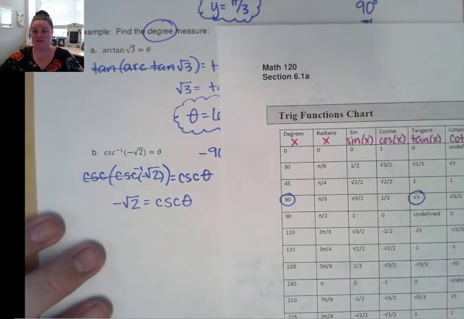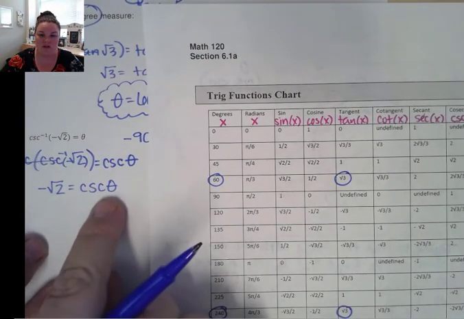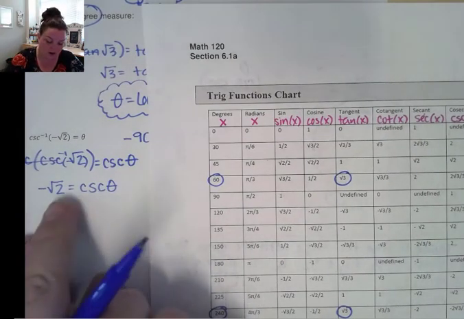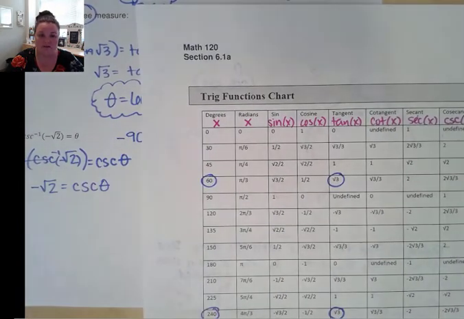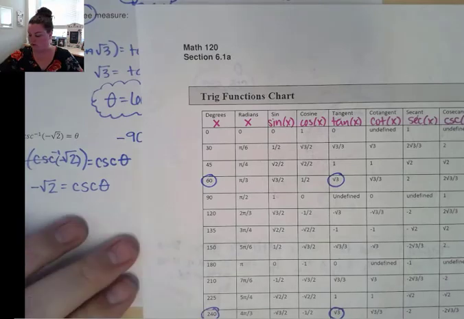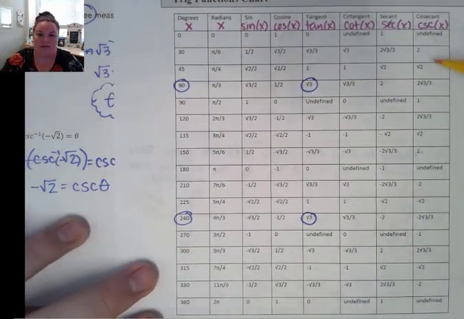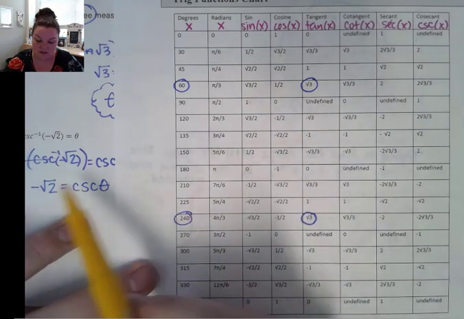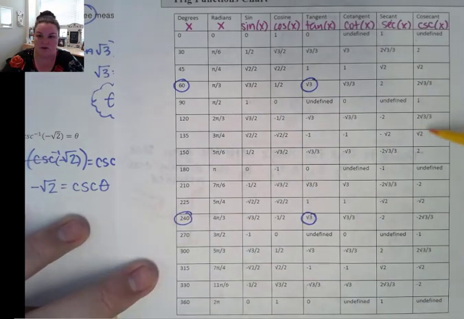But since we have this nice handy dandy chart available to us, I'm going to go ahead and just look up what angles have a cosecant value of negative square root of 2. And I'm going to use a different color. So on my chart, I'm looking for cosecant values, which is this last column, and I'm looking for negative square root of 2.